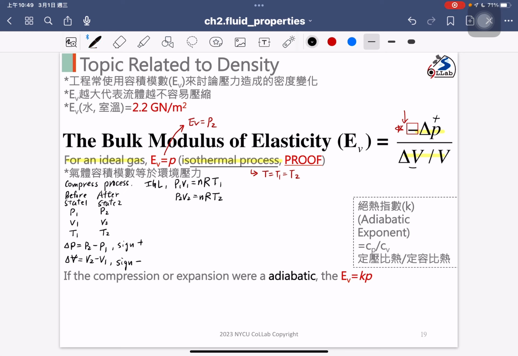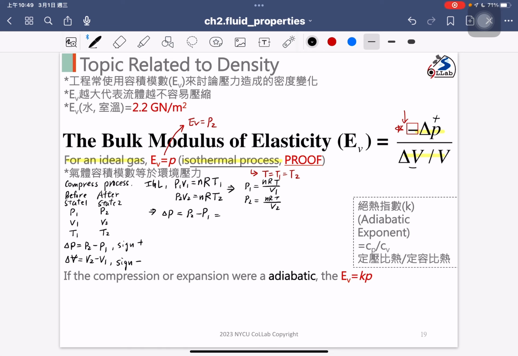And I rewrite the equation so that P1 will equal nRT divided by V1, and P2 will equal nRT divided by V2. So I would like to compute delta P. As I mentioned, delta P is P2 minus P1.